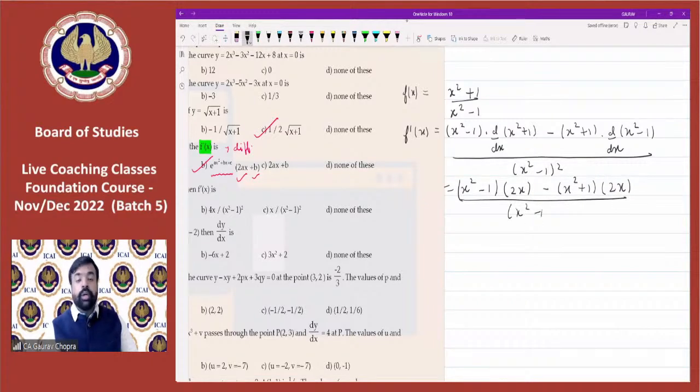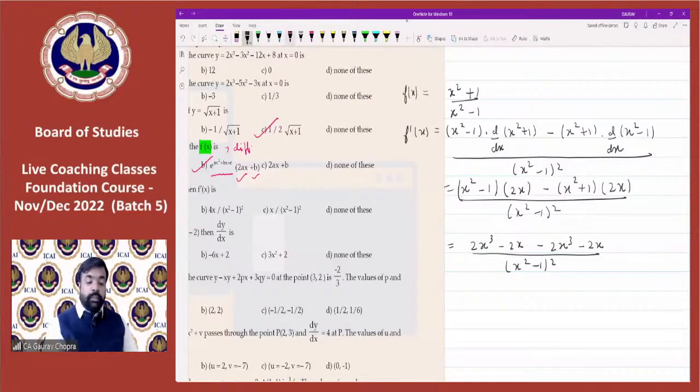Divided by x square minus 1 whole square. So let us multiply. It becomes 2x cube minus 2x, then minus 2x cube and minus 2x, upon x square minus 1 whole square.